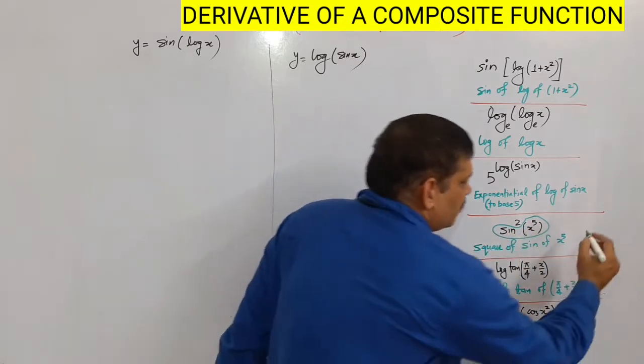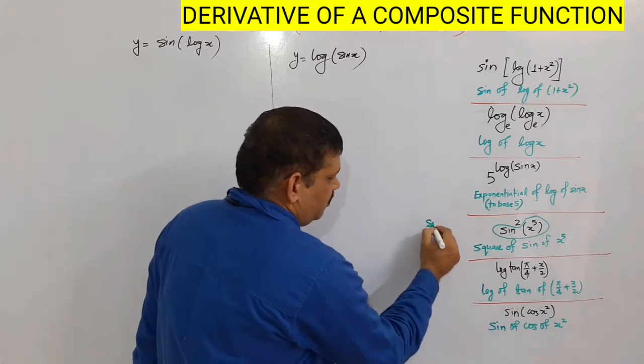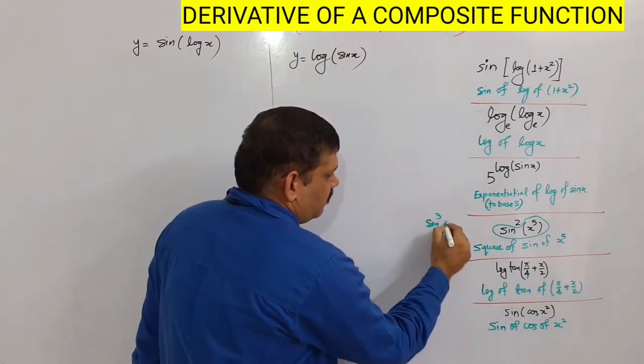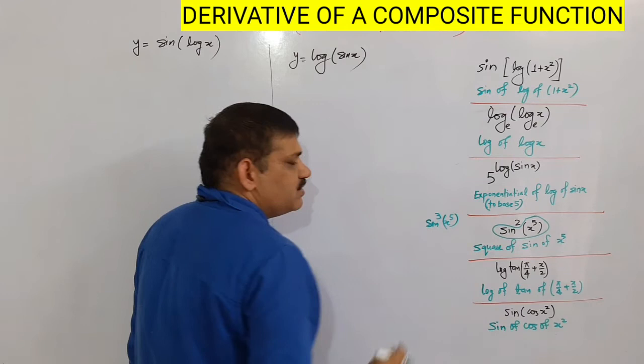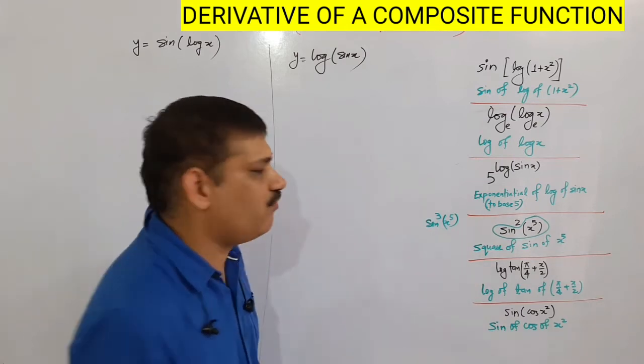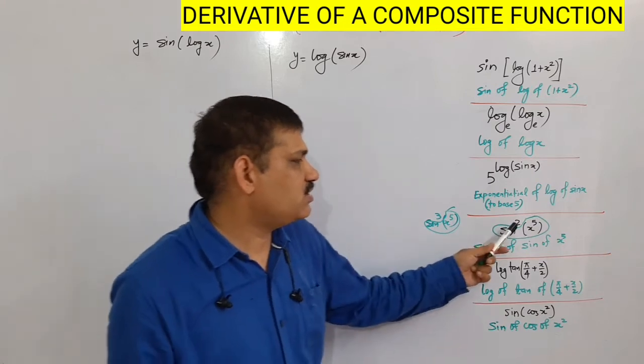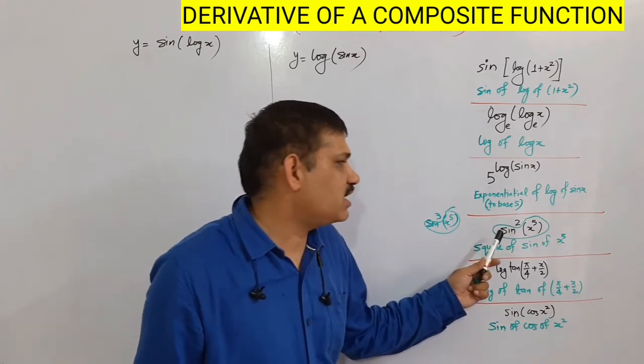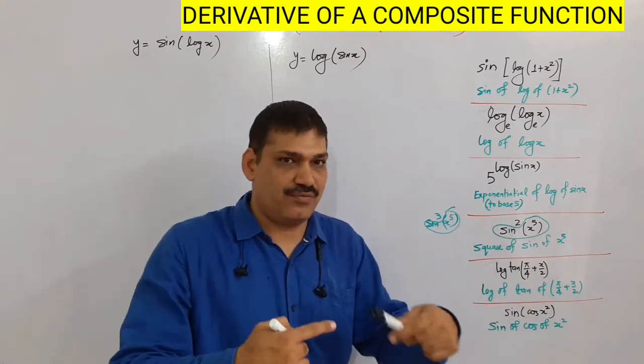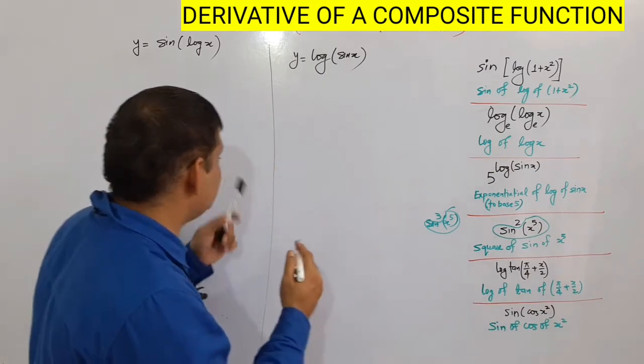Suppose you are given sine, that means cube of sine of x raised to 5. So here it is square of. We will not read it as sine square. We need the "of" sounds to understand the composition.